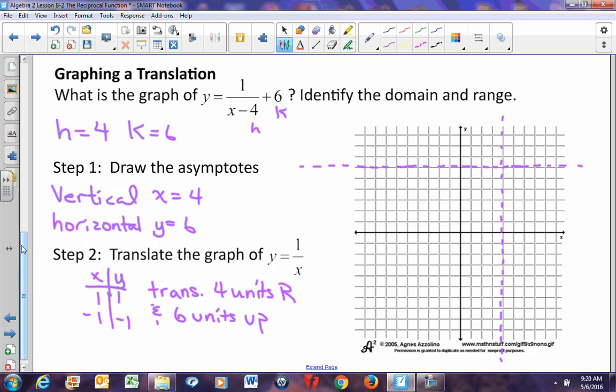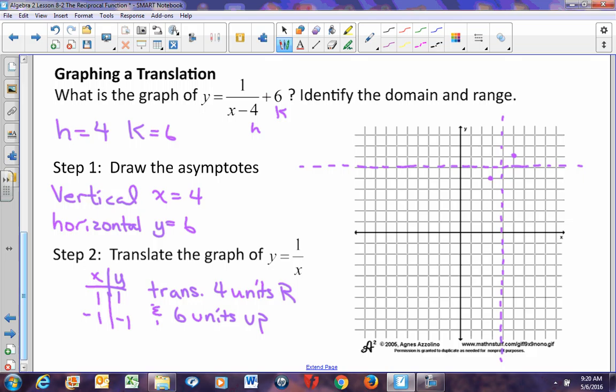So I'm going to take the point 1, 1, and I'm going to translate it 4 units to the right, 1, 2, 3, 4, and 6 units up, 1, 2, 3, 4, 5, 6. I'm just going to go there. Then I'm going to take the point negative 1, negative 1. I'm going to translate that 4 units to the right and 6 units up, and it's going to be right here. You might say, how does that help you?